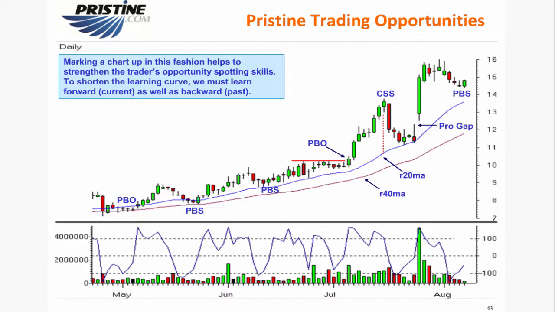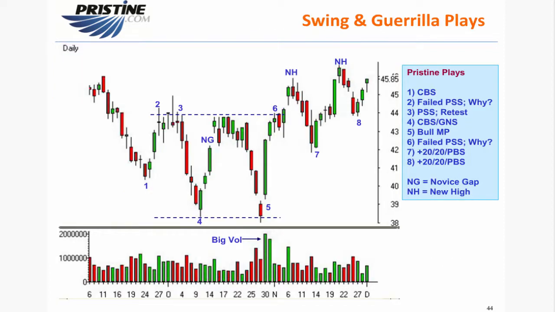Okay, so here we've got a number of different pristine opportunities marked up by each of these numbers. At 1, you've got a climactic buy setup. Multiple bars down, reversal, climactic buy setup. At 2, this is a failed PSS, a failed pristine sell setup. Why did it fail in the first place?